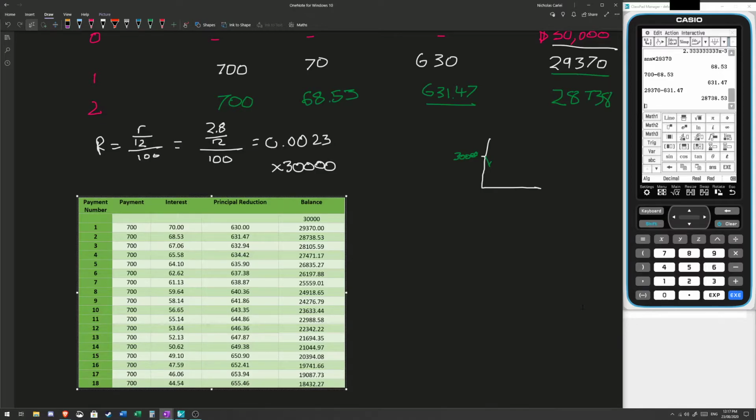You might be asked, okay, what would this value be, they might not give you this value here, and you've got to work out what this value is, or you might not be given this value here, and you might have to work out that value, okay? So that could be what some questions ask you. Other questions might be asking you, okay, how much have we been charged in interest, or how much has the principal been reduced by after this many months? Things like that, okay?